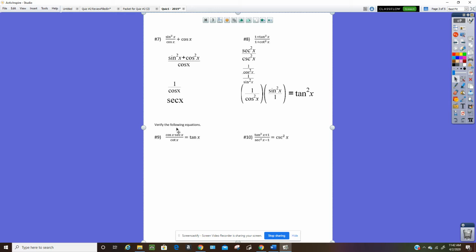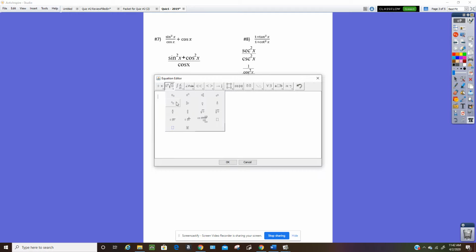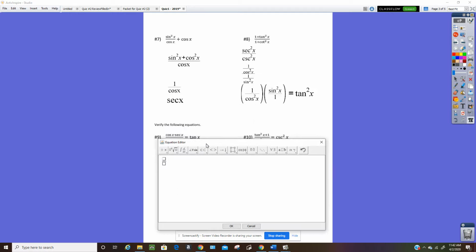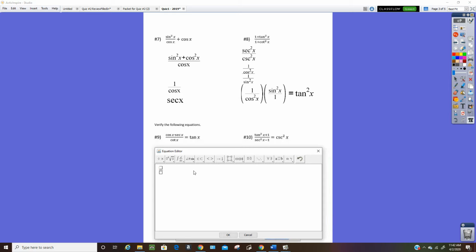And then verify the following equations. So here I'm going to take the more complicated side and see if it's equal to tangent x. So cosine x, leave alone. And then I'm going to multiply that times the reciprocal of secant, which is 1 over cosine.